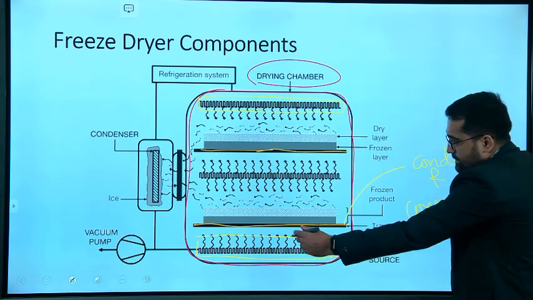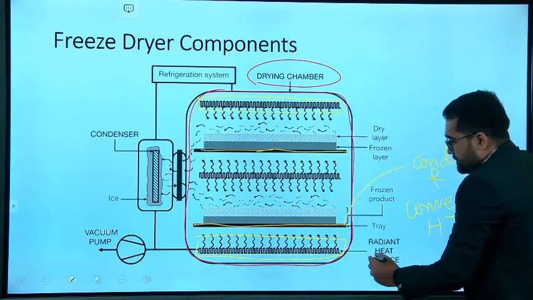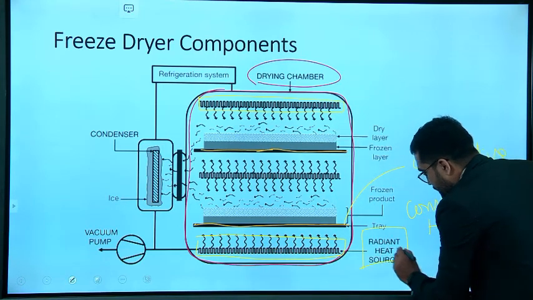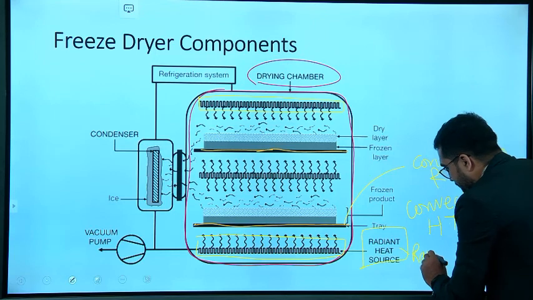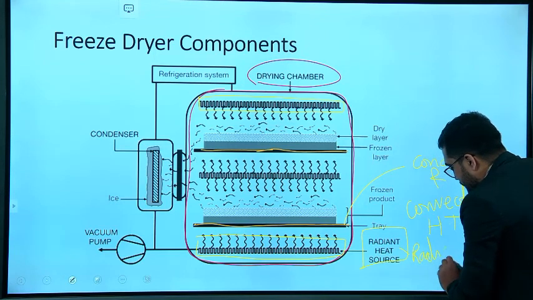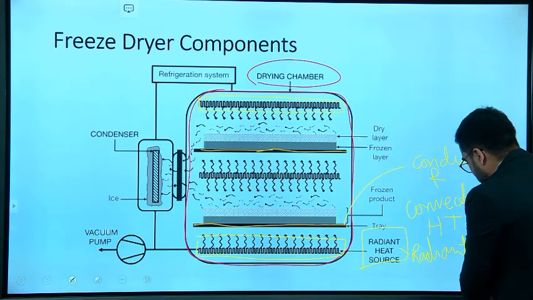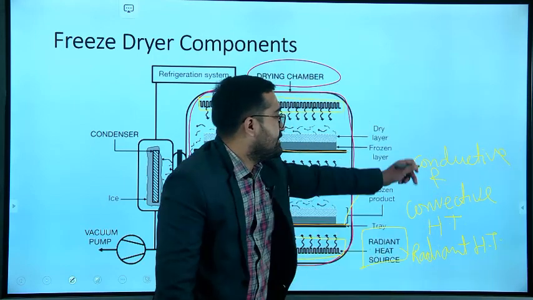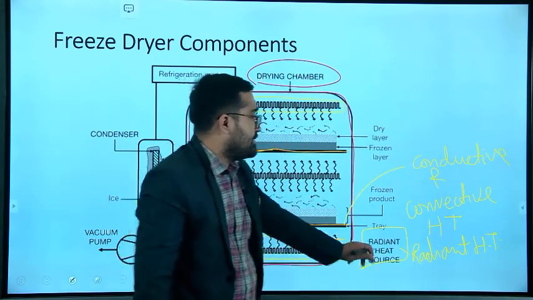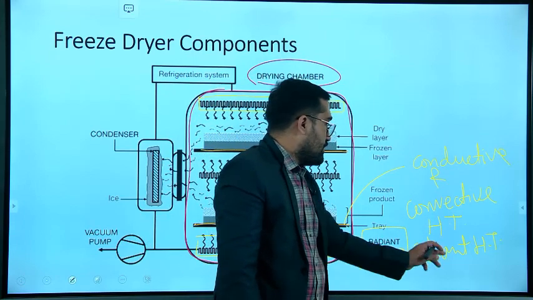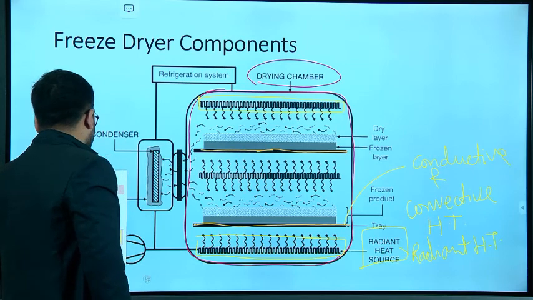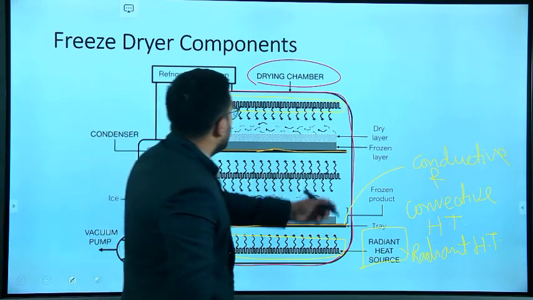And this radiant heat source causes radiant heat transfer. Okay. Trays cause convective and conductive heat transfer, and the radiant heat source causes radiant heat transfer.